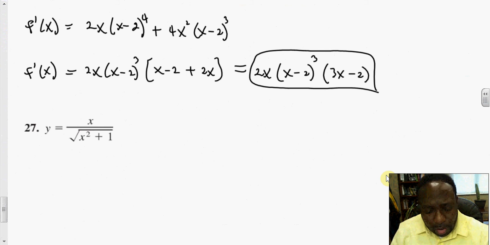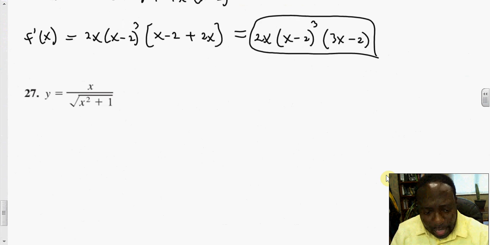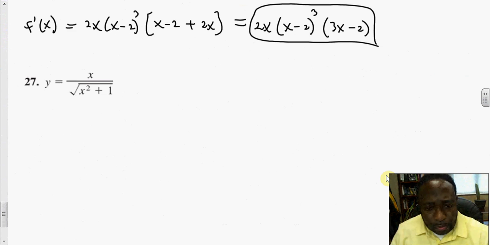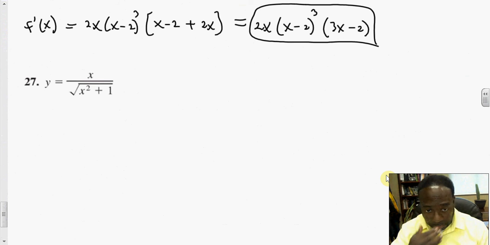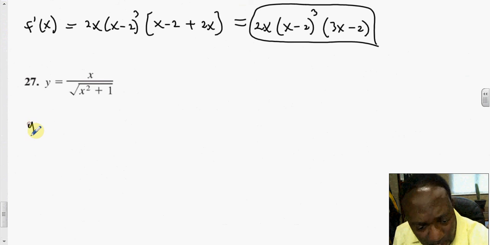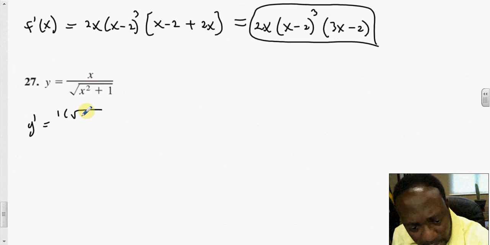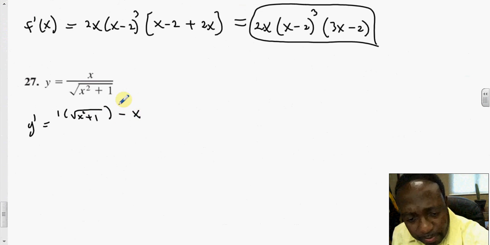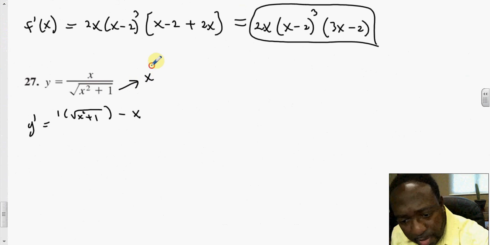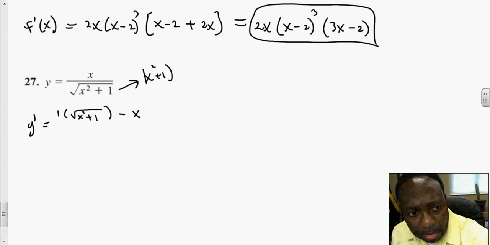We use here a combination of the quotient rule and the chain rule. So y prime is equal to the derivative of the numerator, which is 1, times our denominator, which is x squared plus 1, minus the numerator times the derivative of the denominator. You understand that the denominator can be written as x squared plus 1 to the 1/2 power.